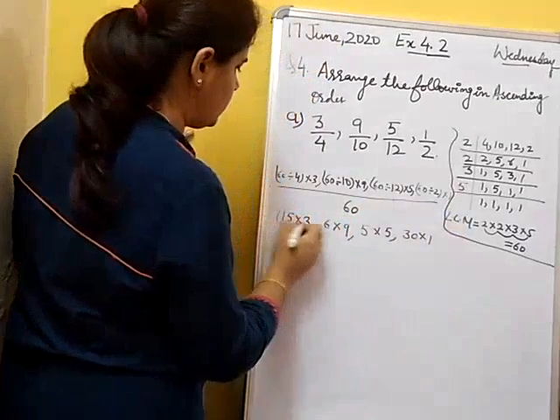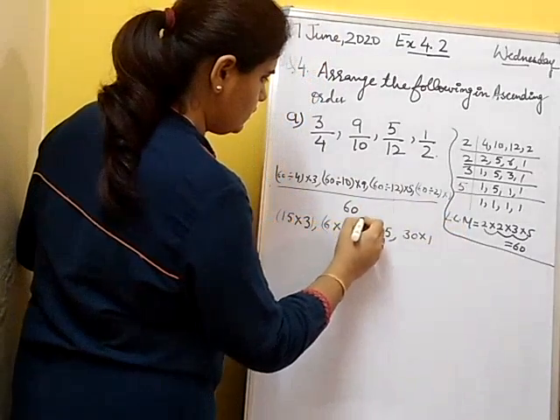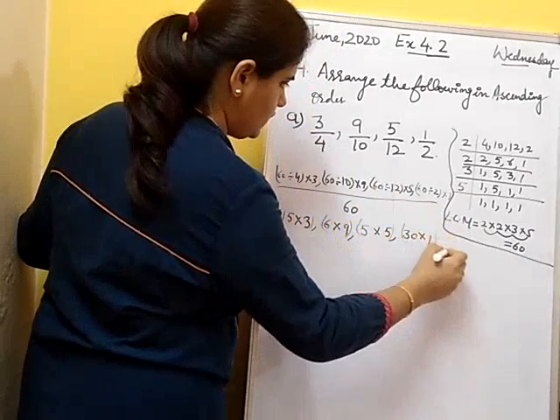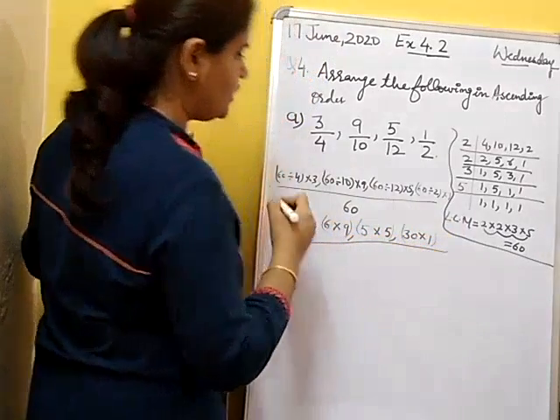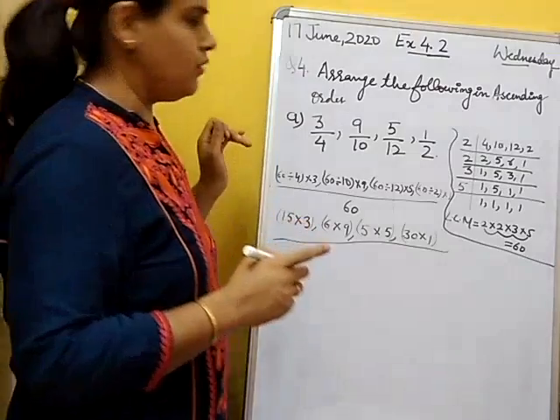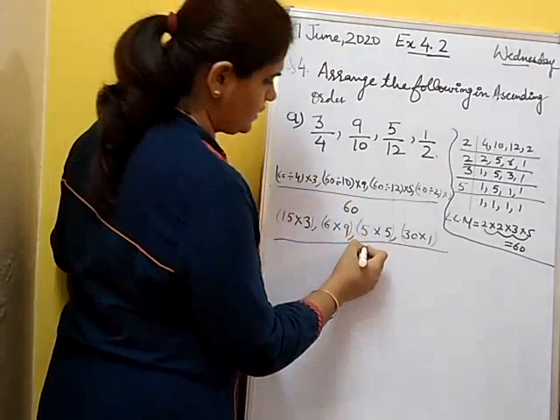You can put it in bracket also. And the denominator of each and every number will be 60 only.